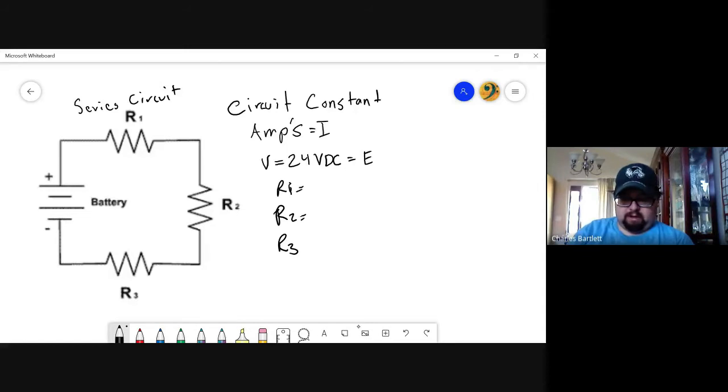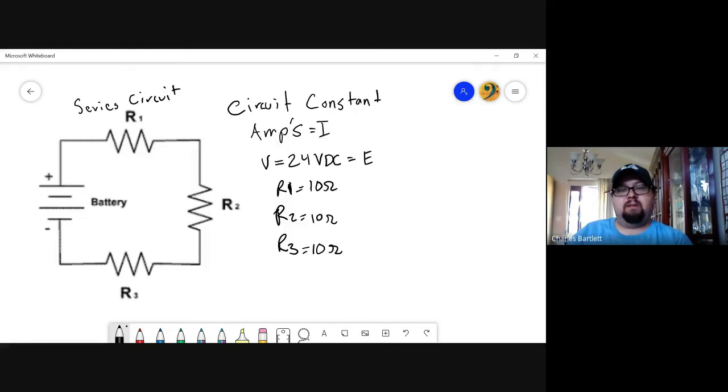And this is where I would ask the class to give me some values, but we'll just make it simple and say 10, 10, and 10 ohms. Now, because we have these values, we can figure out the other values.